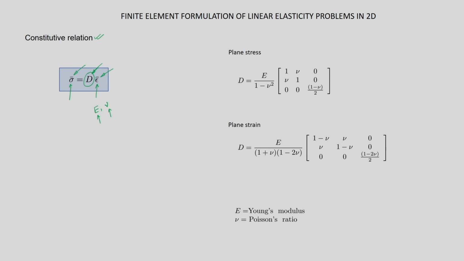So in that case the structure of D depends on the model. Alright. So if we look at an application where the domain is thin, that is, the thickness of the domain in the z direction is small compared to the other dimensions in the xy plane, and all the forces acting on the domain are in the xy plane, then we can safely assume sigma zz, sigma xz and sigma yz to be 0.